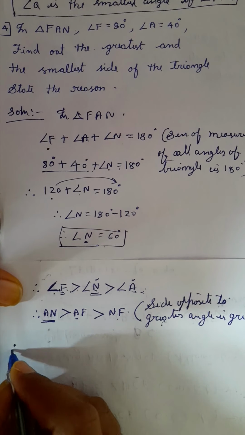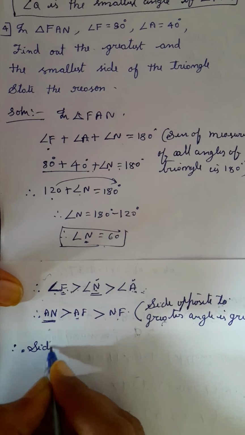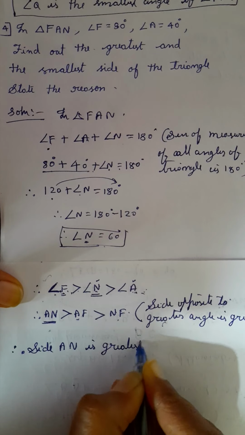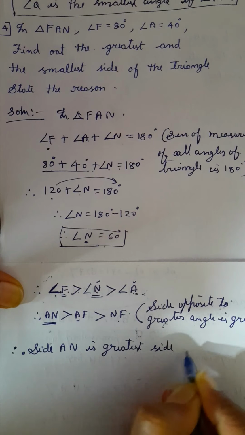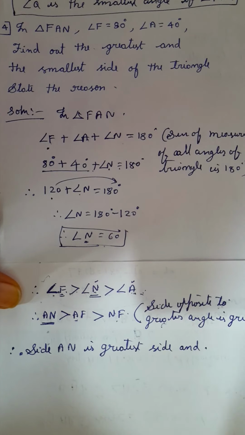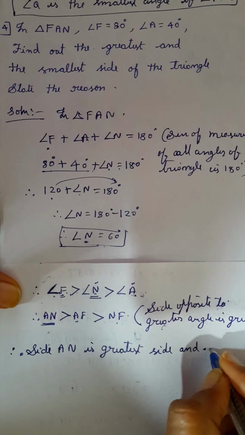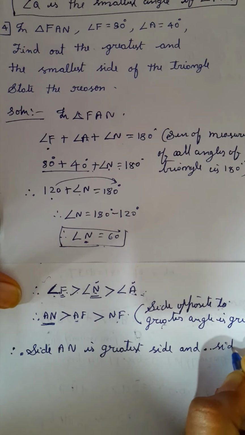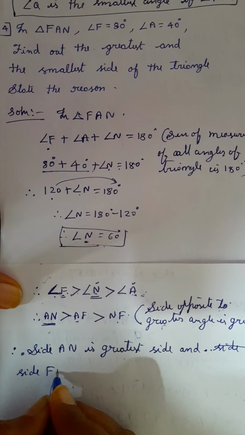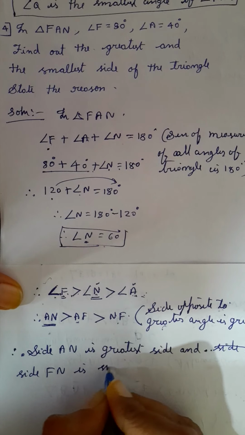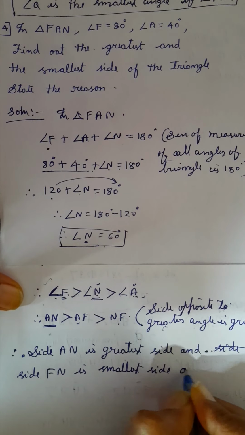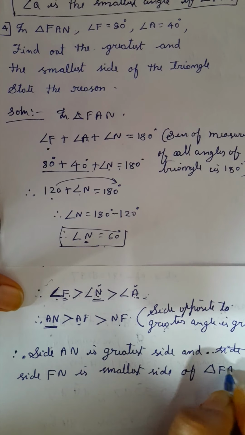So therefore write the conclusion: side AN is the greatest side and side FN is the smallest side of triangle FAN.